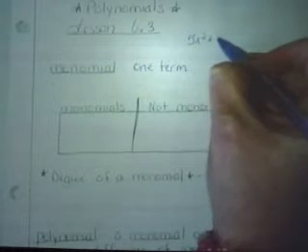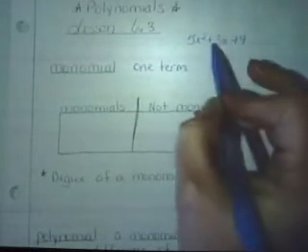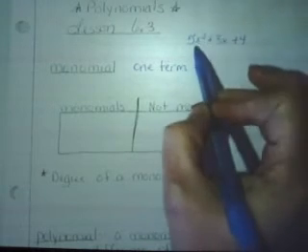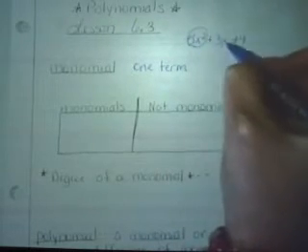What I mean by terms is if I give you 5x squared plus 3x plus 4, the plus sign or a minus sign subtracts each of these into a term. So here's a term, here would be a term, here's a term. So a monomial is one term.